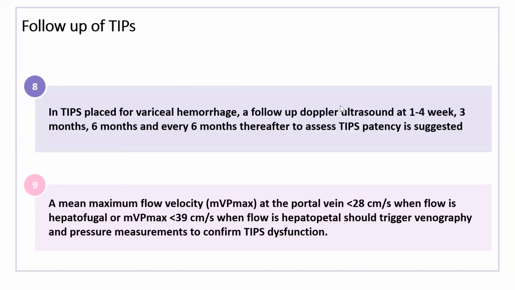A mean maximal flow velocity at the portal vein less than 28 centimeters per second when the flow is hepatofugal, or less than 39 when the flow is hepatopetal, should trigger venography and pressure measurements to confirm this TIPS dysfunction. But you should also suspect TIPS dysfunction when it's obvious, when you see worsening of ascites. Typically, that is how most people will present. TIPS dysfunction should be considered proactively.